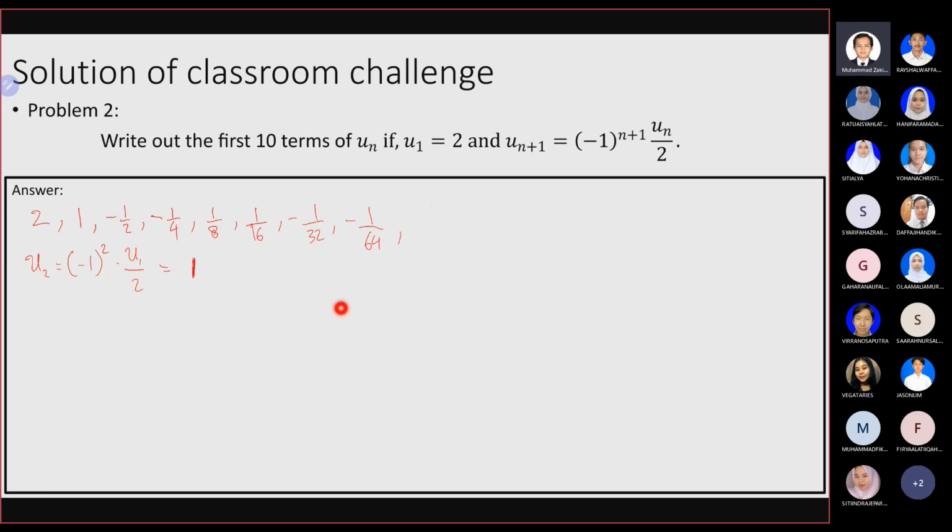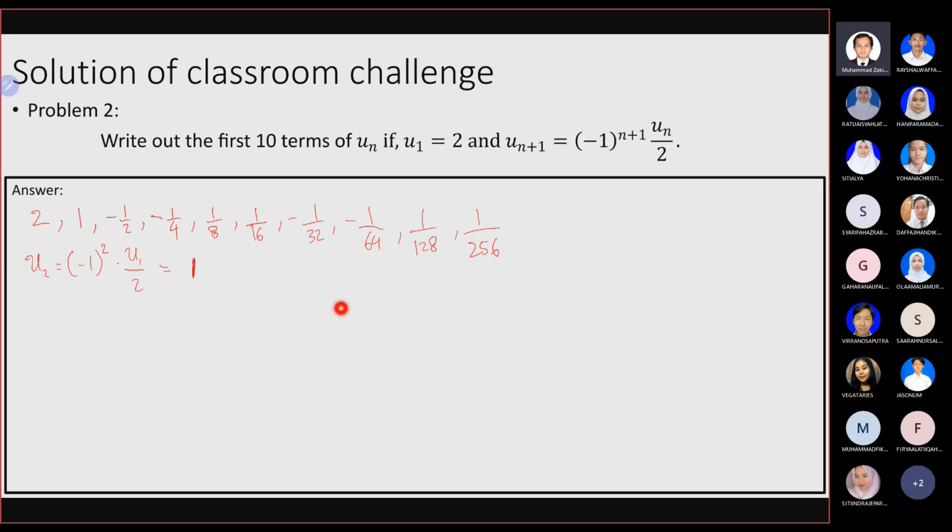We need 2 more: 1 over 128 and 1 over 256. Is it clear for this one? Cuma diminta untuk menuliskan 10 suku pertama ya.